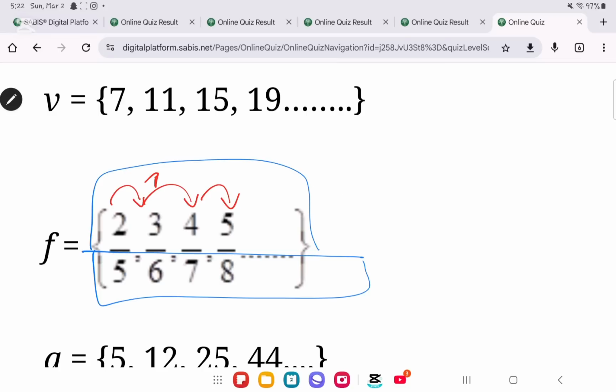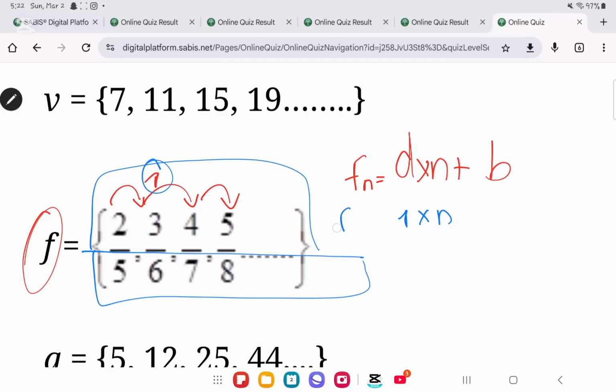And we know the top is going to be an arithmetic sequence. The equation for any arithmetic sequence, let us take it as f: fn is equal to the common difference, d, times n plus a constant, which is b. Okay? Keep this in mind. The common difference, 1, we have it. So fn is equal to 1 times n plus b.